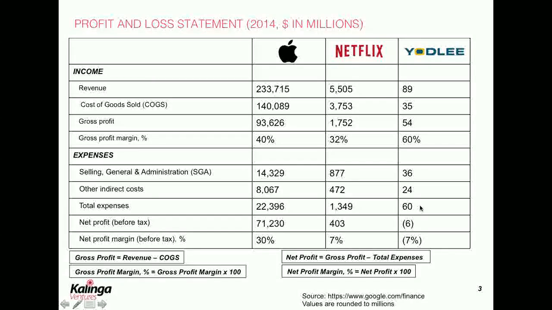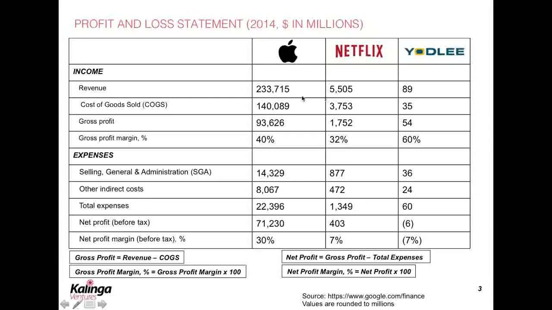So if you take 54 minus 60, it is minus $6 million. Net profit margin is net profit divided by revenue multiplied by 100, so it is about 30%. In Netflix, it is about 7%. In case of Yodlee, it is actually not making money, so it is minus 7%.